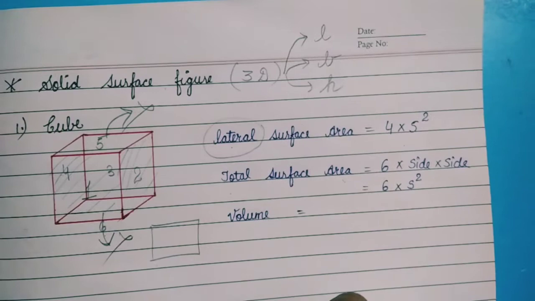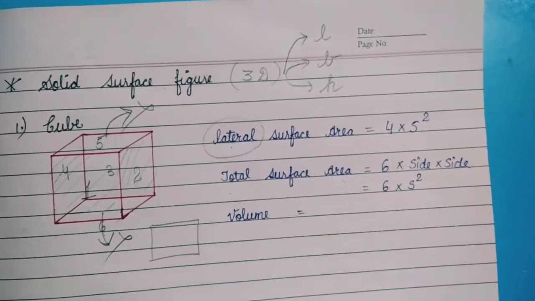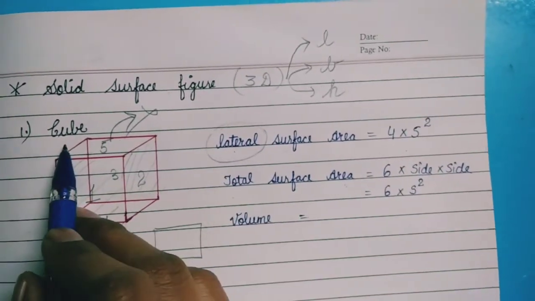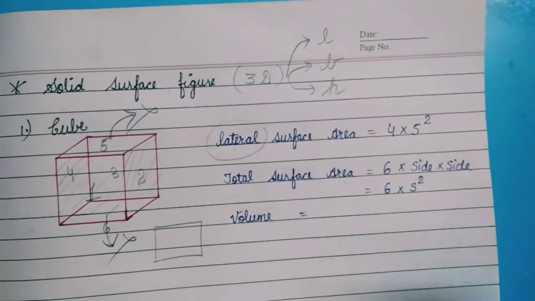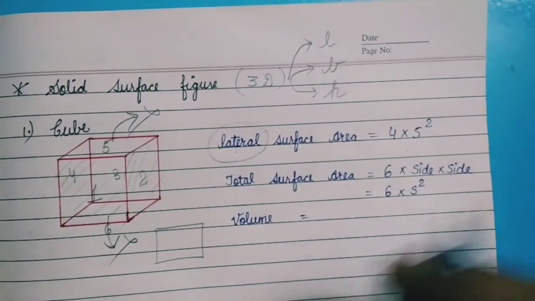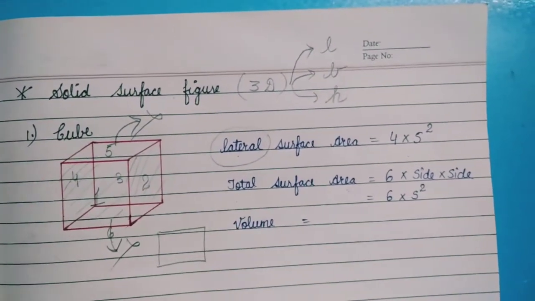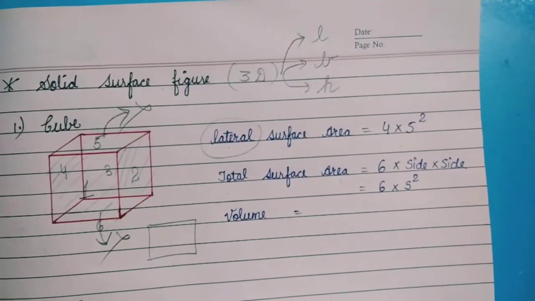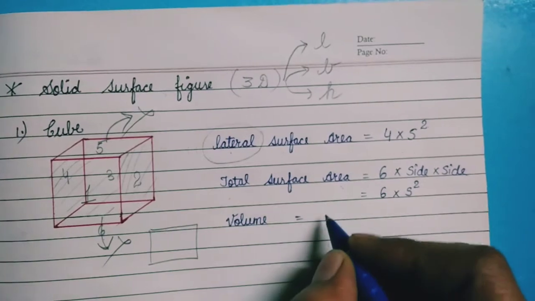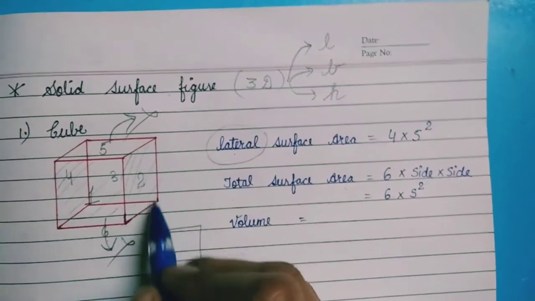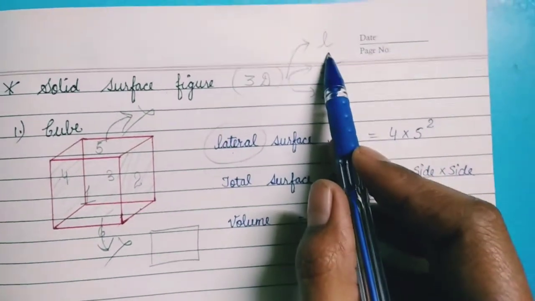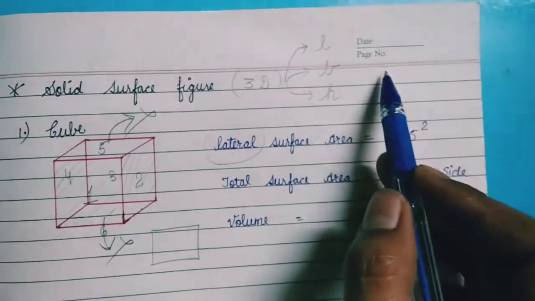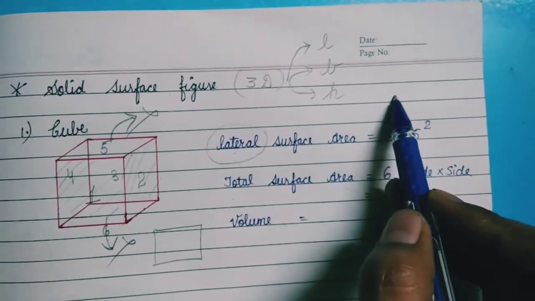Now the volume. Volume means in a cube kind of container, how much material can be fixed inside the shape. All measurements are the same. The length is side, the breadth is side, the height is side.